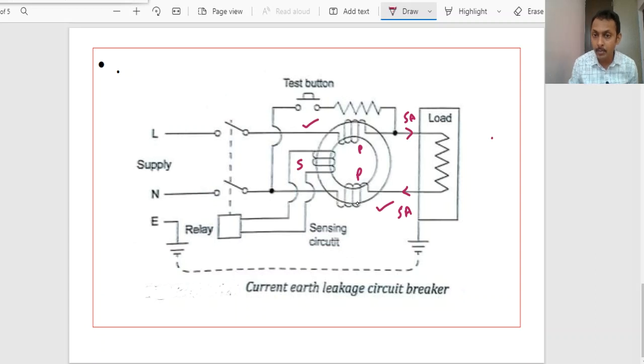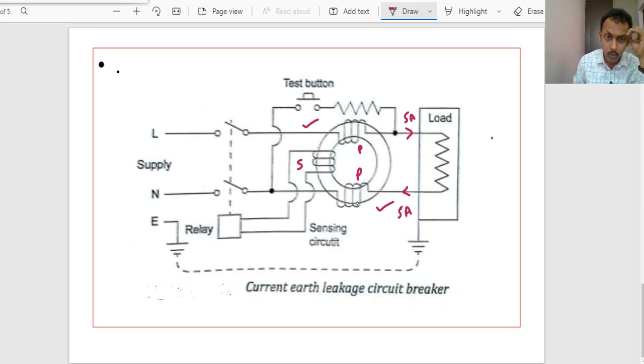As and when there is some current difference between the 2 primary coils, it leads to the induction of some voltage, right? Corresponding to that current difference, some EMF will be induced in the secondary coil, and depending upon the magnitude of the voltage induced in the secondary coil, the relay gets operated and senses that difference in voltages and currents.